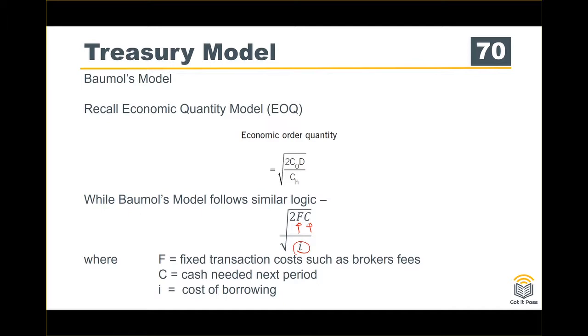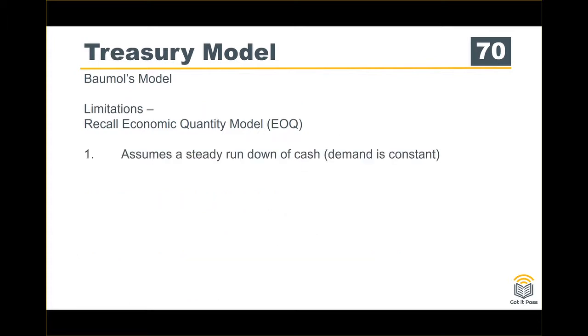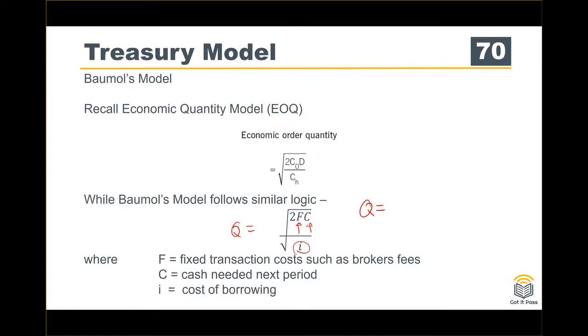Here the number we get is Q. What does Q mean? Q means extra borrowing required or extra funding required. The extra borrowing required depends on the transaction cost and the borrowing cost.